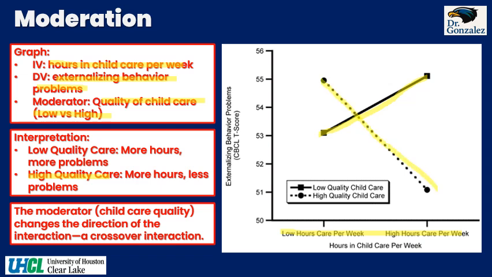So what was the moderator? Quality of childcare, low versus high. And it changes the direction of that interaction, and we call this a crossover interaction. And it's very important because, like we've said earlier today, no relationship exists in a vacuum.